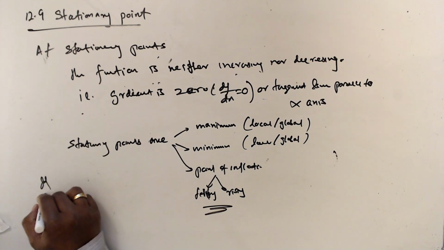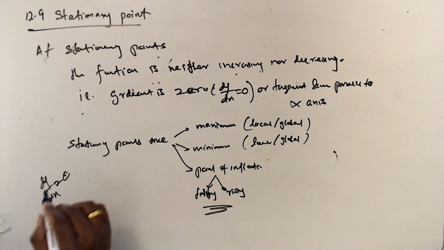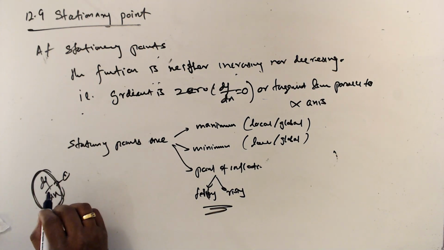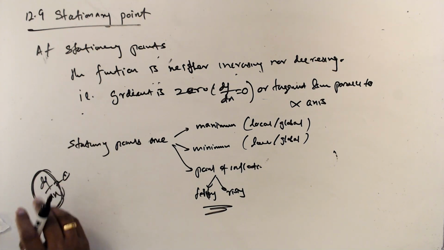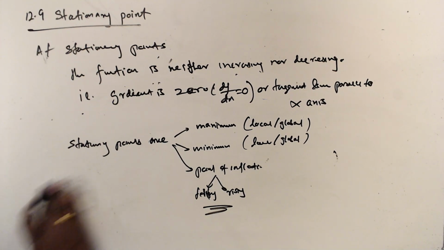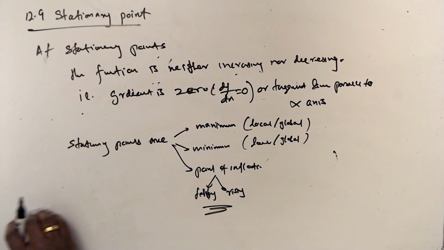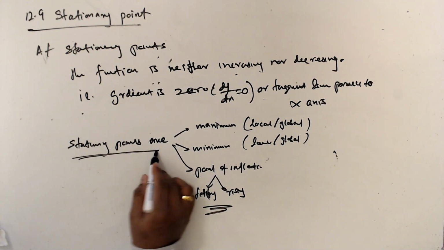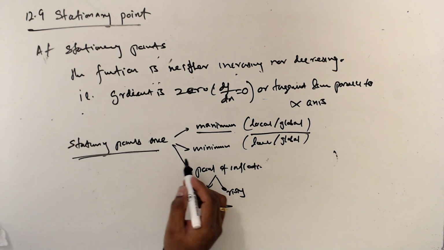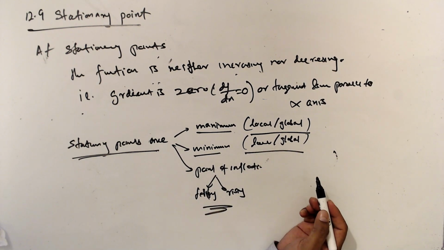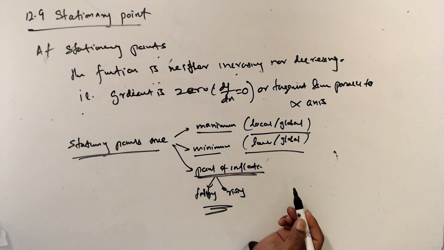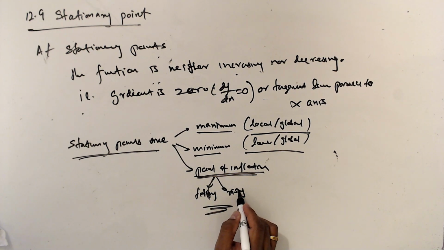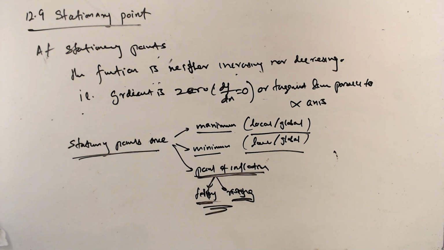At a stationary point the increment is 0, no increasing no decreasing, so it is stationary. So what are the stationary points? The stationary points are maximum, which can be local or global, minimum, local or global, and point of inflection. And two types, one is falling, other one is rising.